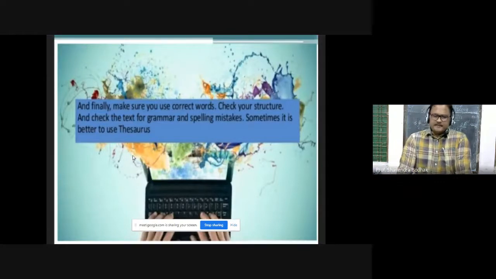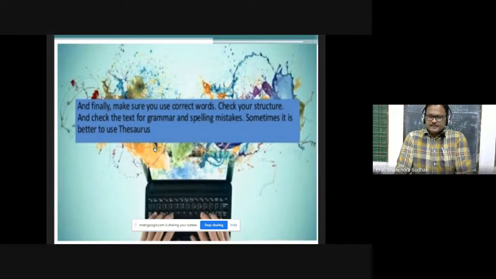And finally, make sure you use correct words. See that you are using correct, uncommon words. Check your structure, sentence pattern, whether the sentences are grammatically correct. Then check the grammar, correct words, and correct spellings.